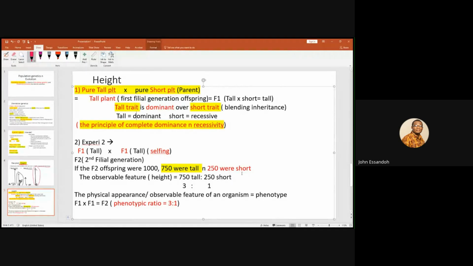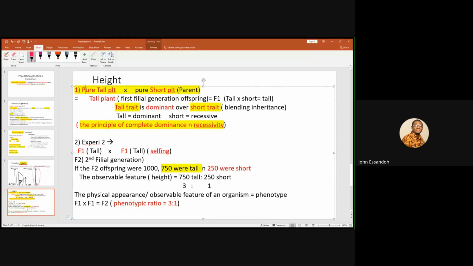Then from here, Mendel reasoned that inheritance is not blending after all, but is as a result of a particle. So inheritance is not blending like paint, but is as a result of a particle. And that particle, as you pass them from parent to offspring, they separate.